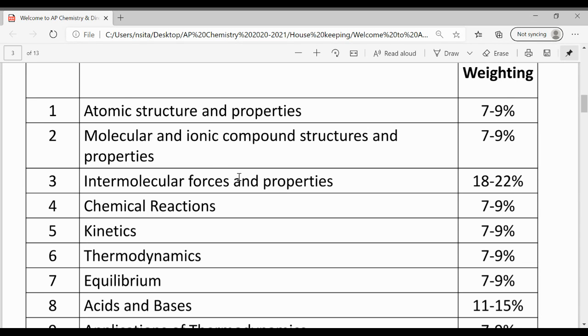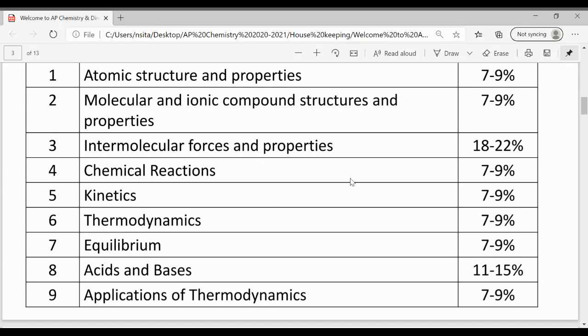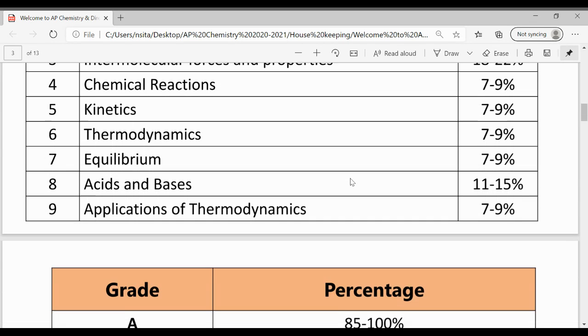Intermolecular forces and properties is kind of big, at 18 to 22%. Chemical reactions, kinetics, thermodynamics, and equilibrium are all about the same, 7 to 9%. Acids and bases is second most important, second to intermolecular forces, at 11 to 15% on the AP exam. And the last part is applications of thermodynamics, also 7 to 9% on the AP exam.